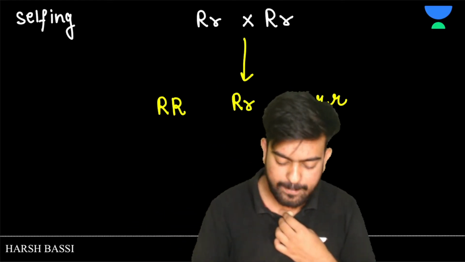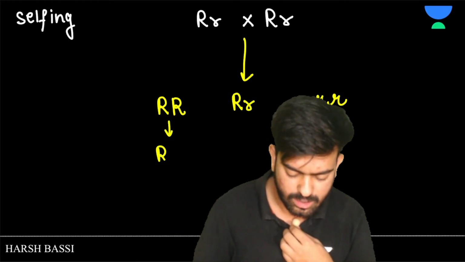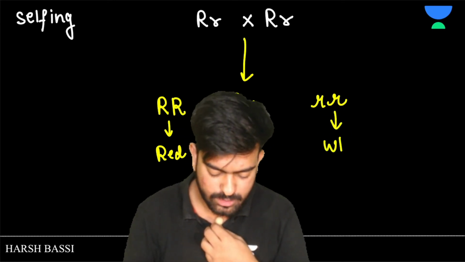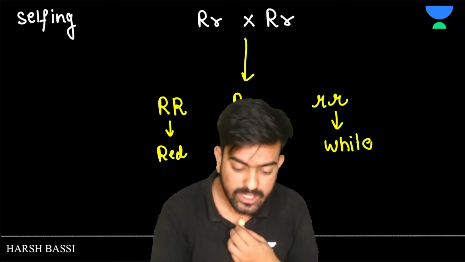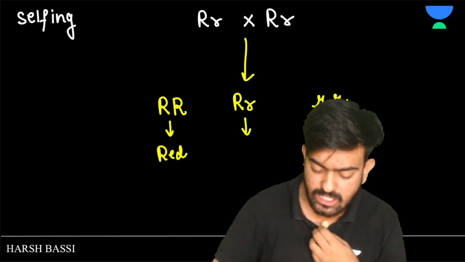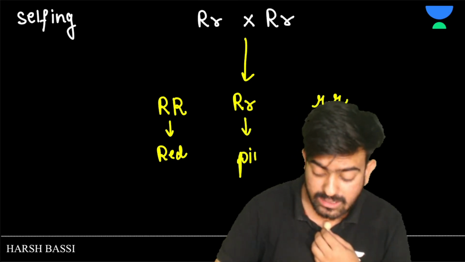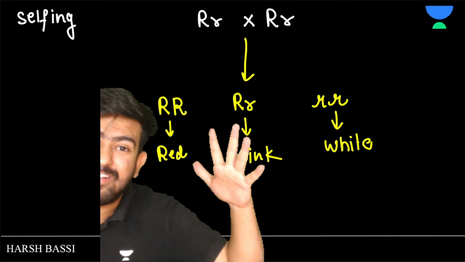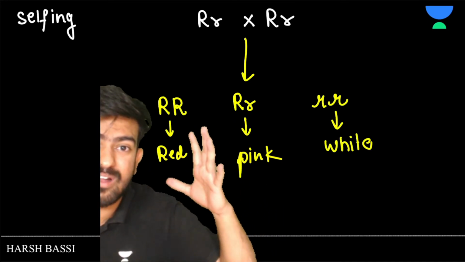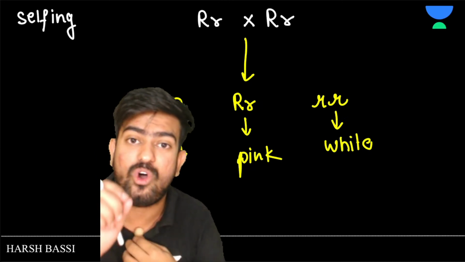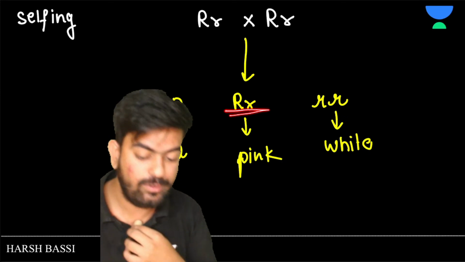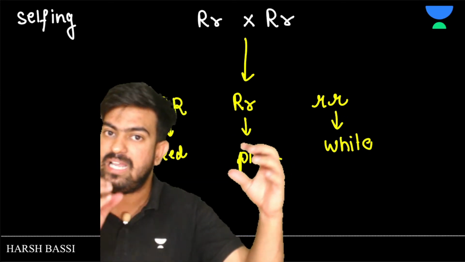Like capital R, we saw red. Again, small r, we saw white phenotype. And again, capital R small r gave us the pink phenotype. That means, guys, the color is not mixed. Pink color is only and only coming when there is the heterozygous condition of capital R and small r.